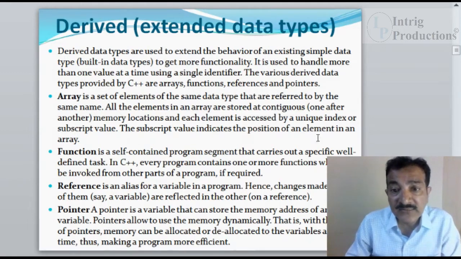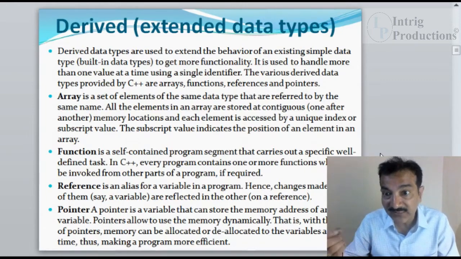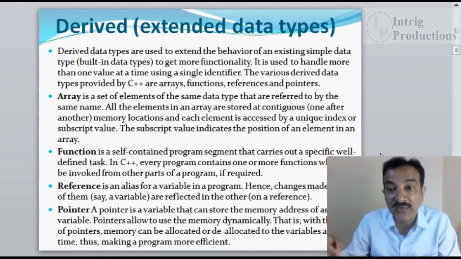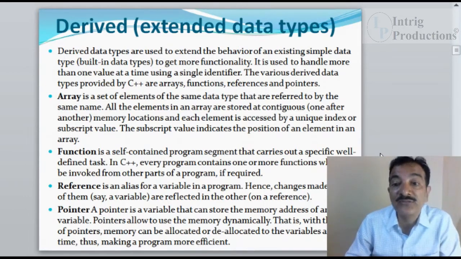All elements in arrays are stored in contiguous memory locations, and each element is accessed by a unique index. Every array value can be accessed by an index value like array of 0, array of 1, array of 2, array of 3, etc. The subscript value indicates the position of the element in the array.